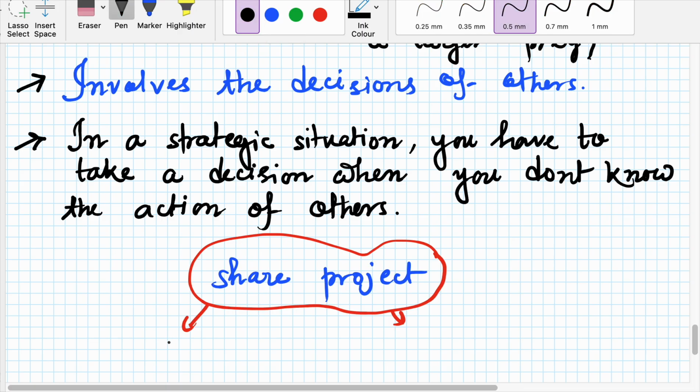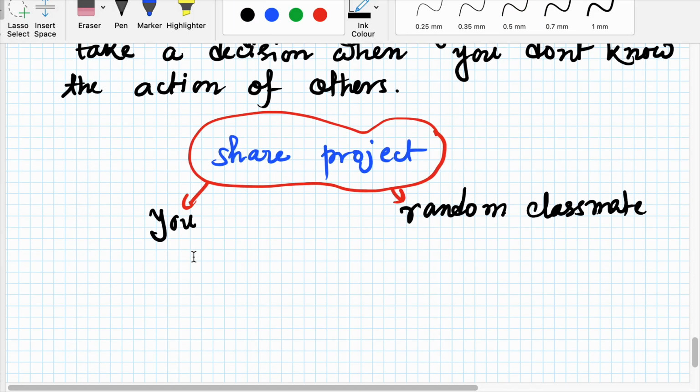You are new to the class, so you don't know any other individual, and you and a random classmate are jointly assigned to this shared project.